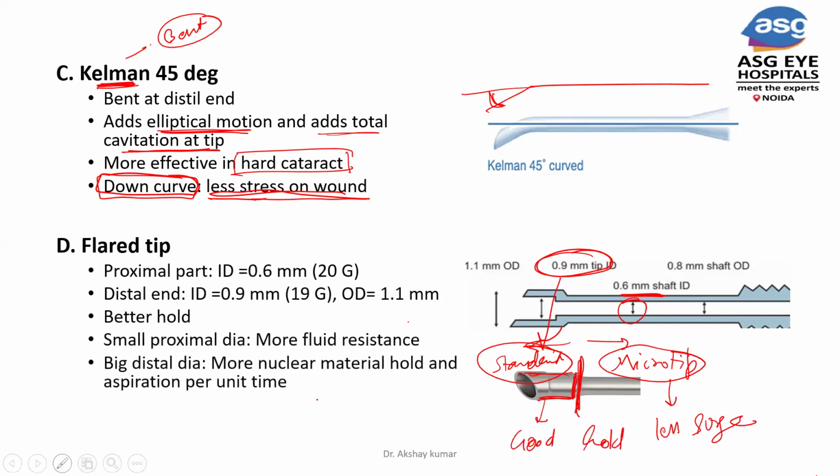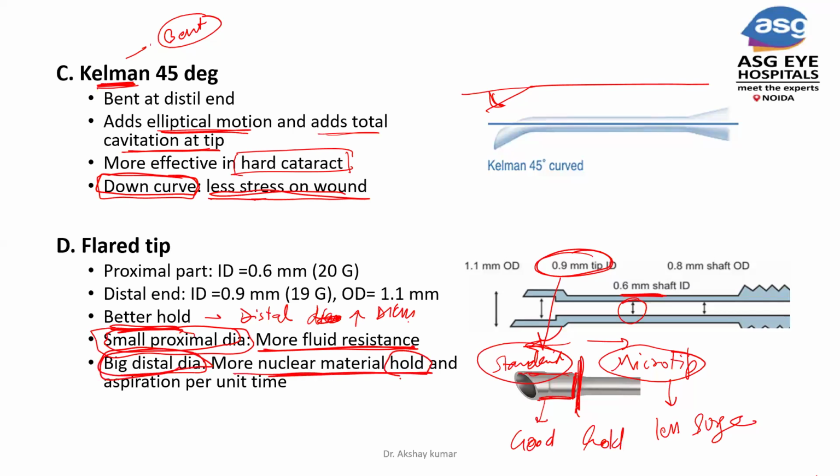So it has a better hold because it has a larger distal diameter. The small proximal diameter will lead to more fluid resistance and more prevention of surge. Big distal diameter will lead to more nuclear fragment hold.